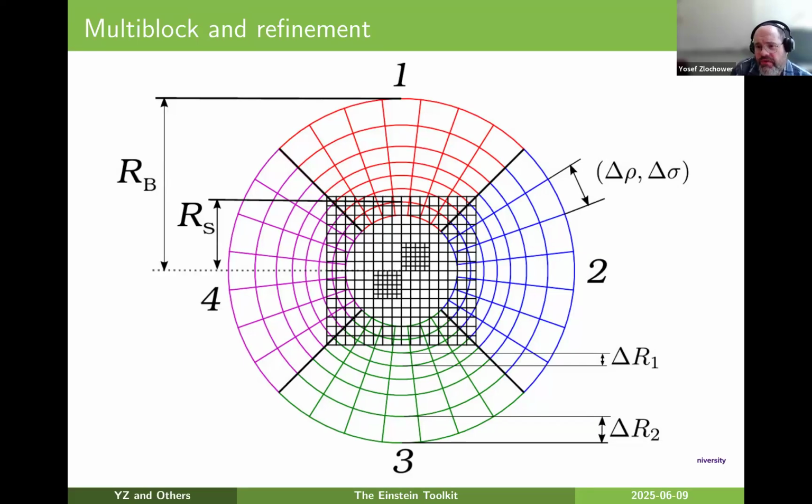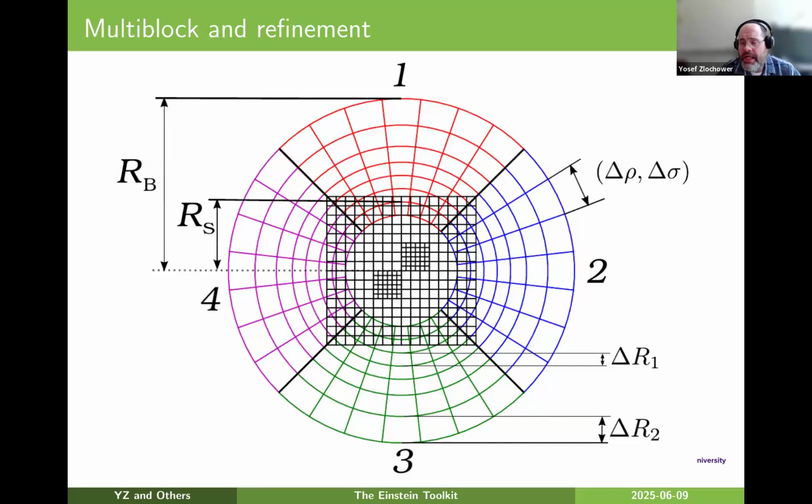But as you start to move very far away from the black hole, something else happens. You need resolution in particular directions. Therefore Cartesian coordinates are not the best way to do this. So what we have is a multi-block structure where we have spherical coordinates mapped onto a set of, in this case, touching coordinate blocks.